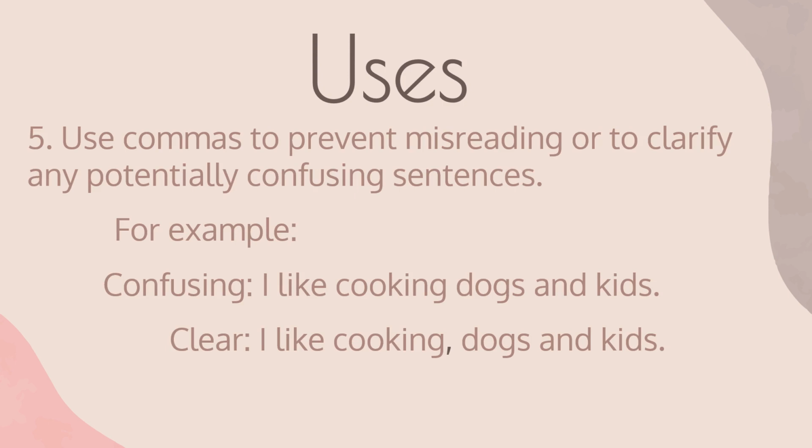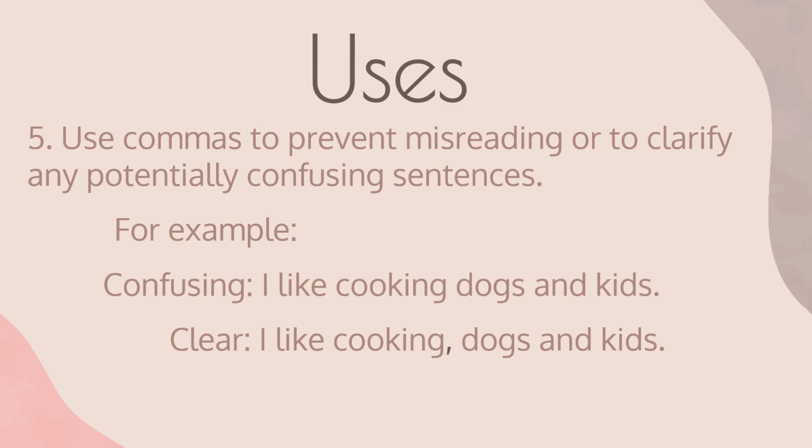Use commas to prevent misreading or to clarify any potentially confusing sentences. There are certain sentences that can become quite confusing. So commas kind of help us avoid those misunderstandings or avoid misreading. For example, I like cooking dogs and kids. If we don't place any commas in this sentence, it seems like I like cooking dogs and kids.